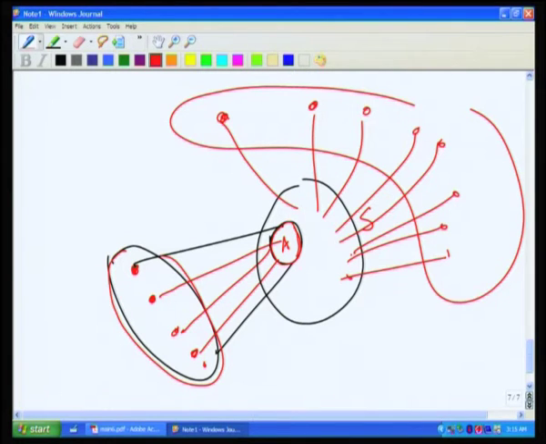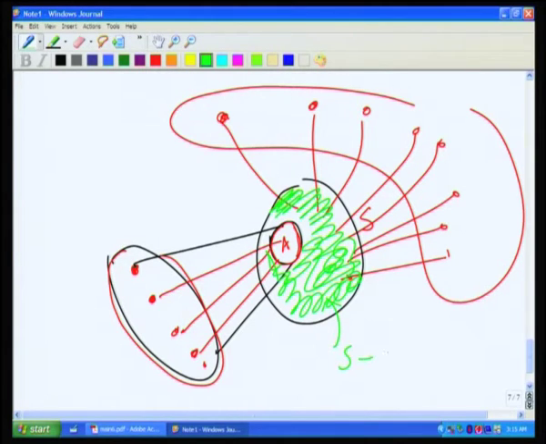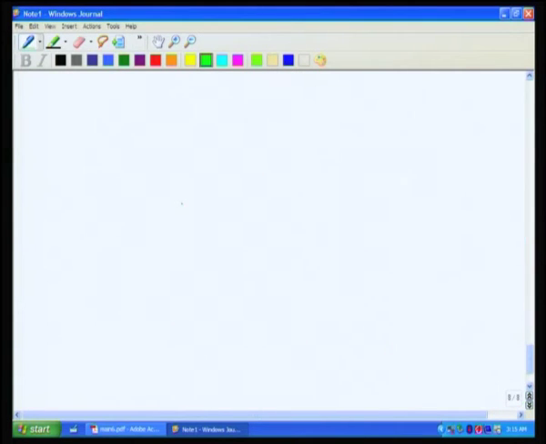Now, the question is, what if I consider this set, which is essentially S minus A, the set S minus A. So I can consider the d of S minus A. What will be the situation?